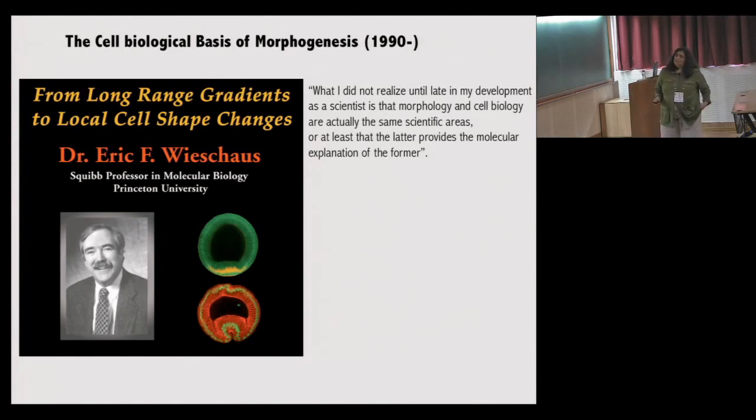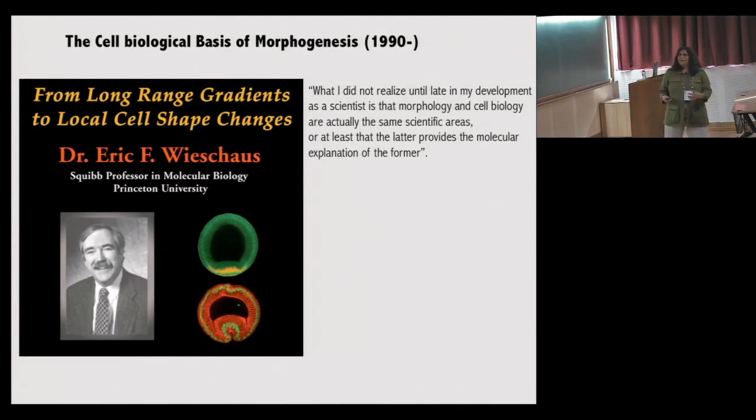To just quote from Eric Wieschaus, who won the Nobel Prize for elucidating that genes are pattern forming agents, what he said was that he did not realize until late in his development as a scientist that morphology and cell biology are actually the same scientific areas, or at least that the latter provides the molecular explanation for the former.